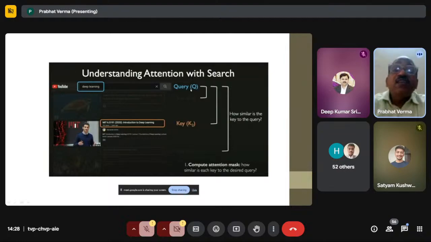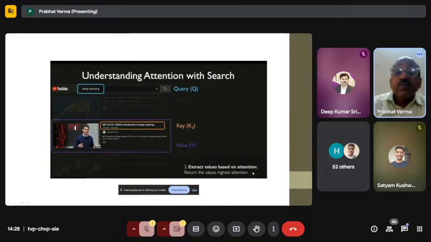By checking how similar the key is to the query. So we compute the attention mask: how similar is each key to the desired query? The second step is to extract the values based on the attention. We extract and return the value with the highest attention.